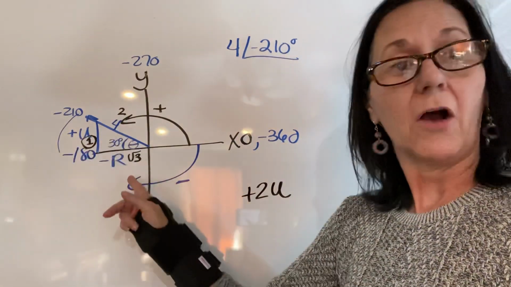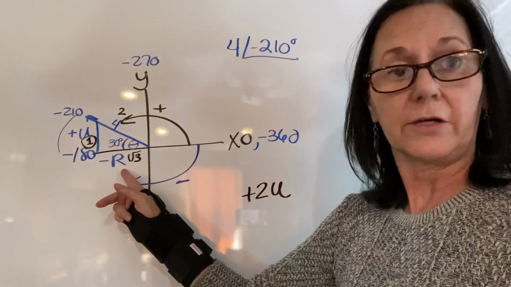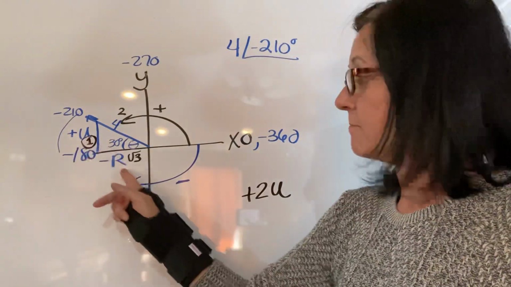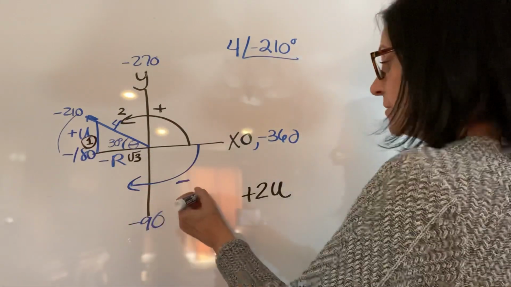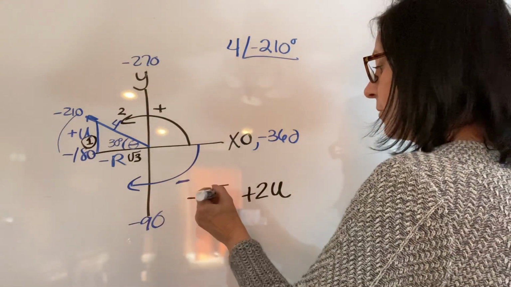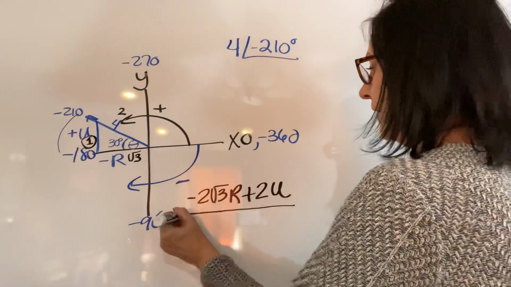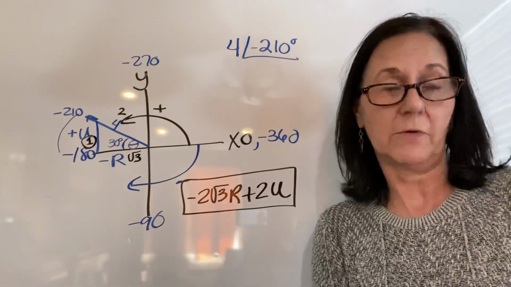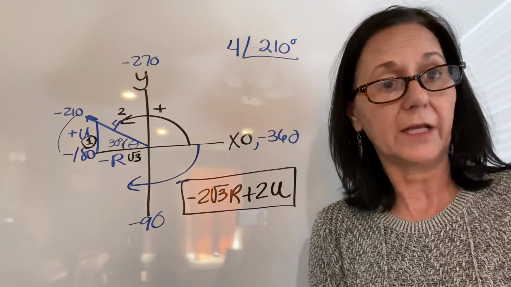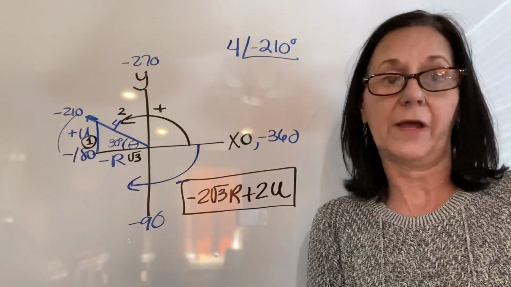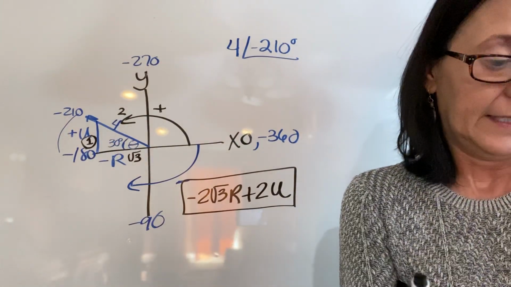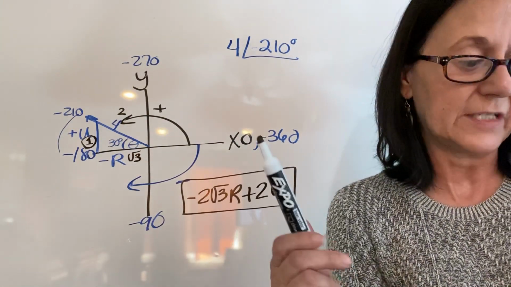Then to get to my R value, which is opposite the 60 degrees, I take this side and I just multiply it by square root of 3. So it's going to be negative 2 square root of 3 for R. And that is the coordinate point. Do not write this in decimal form if it's a 45-45-90 or a 30-60-90 triangle. Okay? Leave it in this form.